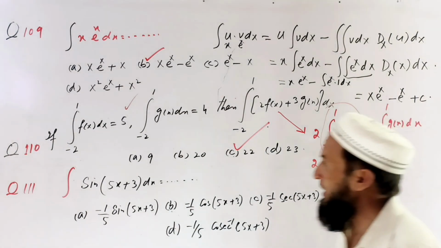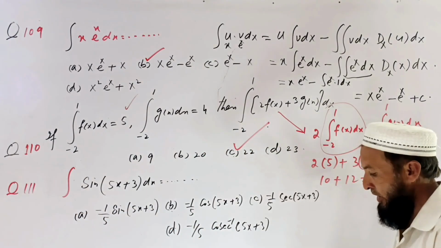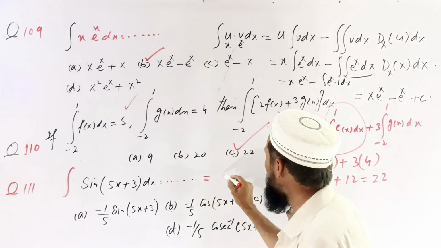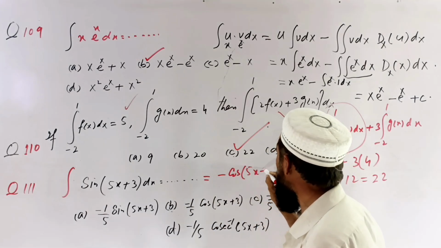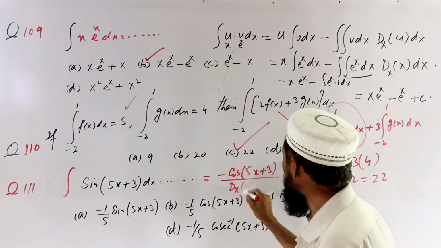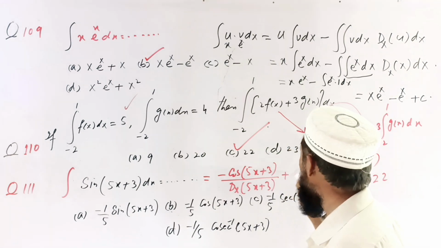Question number 111: the integration of sin(5x + 3). As we know, the integration of sin x is minus cos x, so in place of x we put 5x + 3, and further divide by the derivative of 5x + 3 with respect to x, plus c.